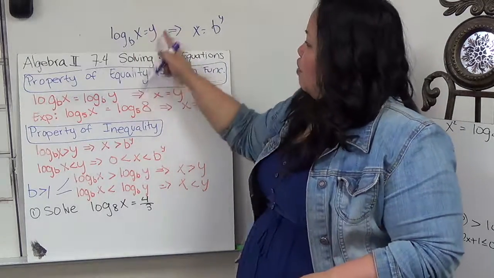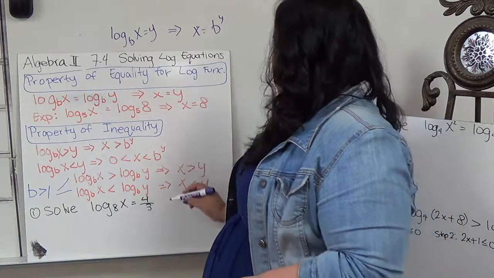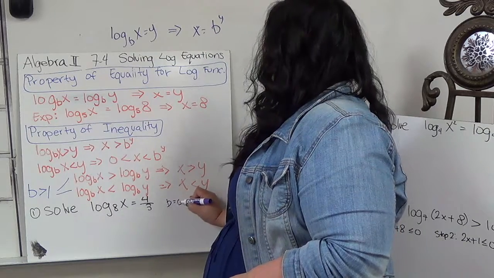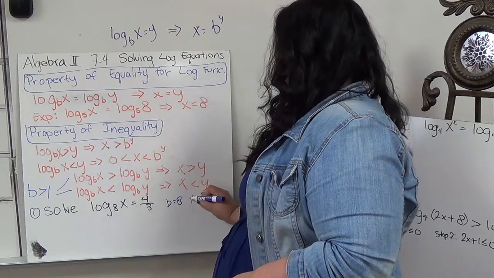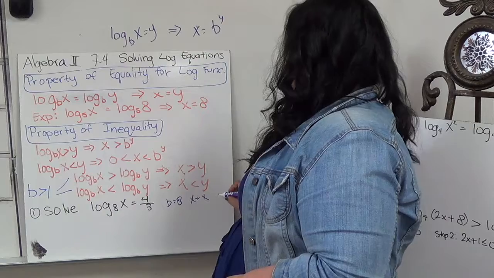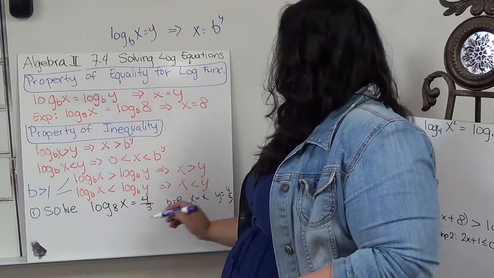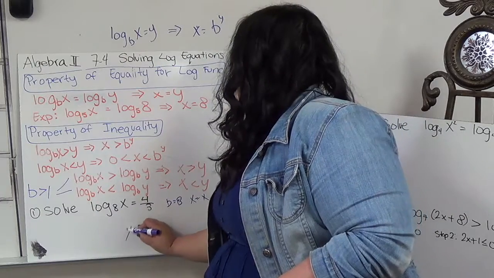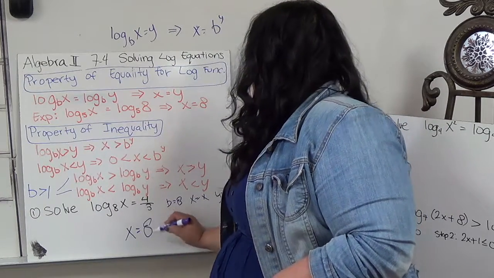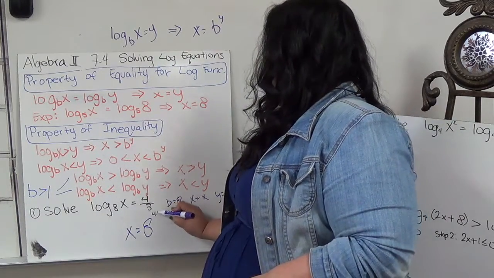So from this, I have to just locate b, x, and y. My b equals 8, my x equals x, and my y equals 4/3. So I'm going to rewrite it like this. x equals 8 to the 4/3.